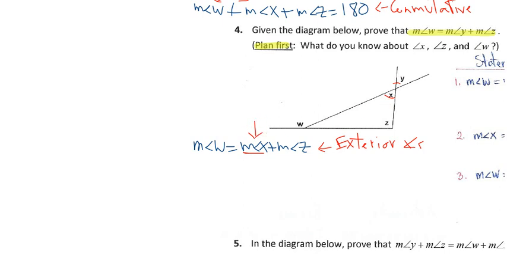So let me write the information that we know about these two angles. We know that the measure of angle X is equal to the measure of angle Y because they are vertical angles.